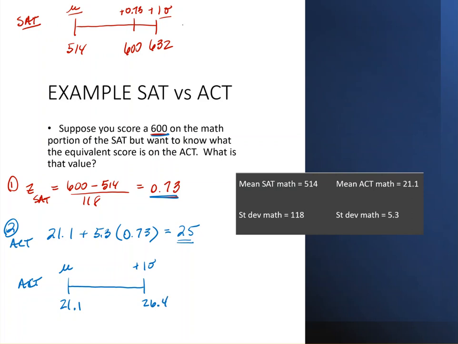But just like we saw up here on the SAT, we're not moving a full 1 standard deviation above. We only get to move 0.73 of a standard deviation above, and that puts me at a value of 25. So that's how come we're multiplying our standard deviation by the z-score, which is a scaling effect when we think about comparing these two things to each other.